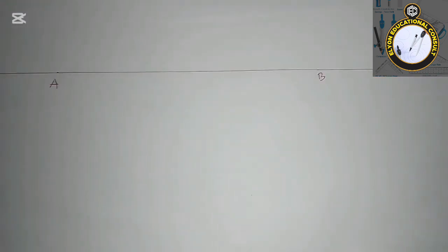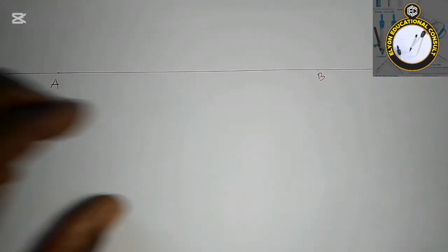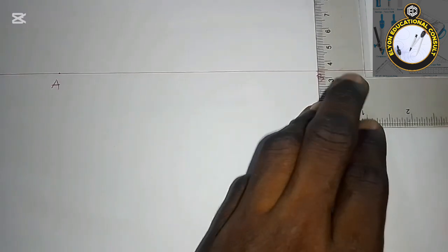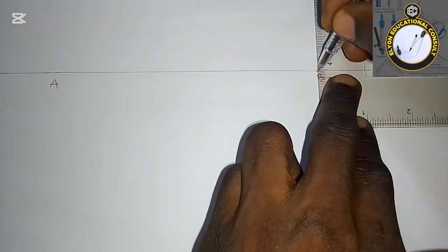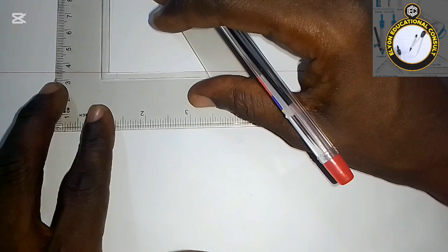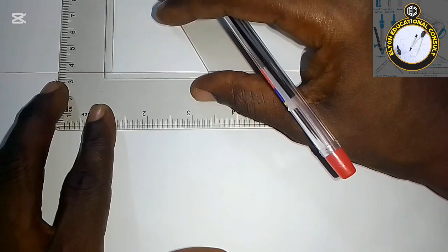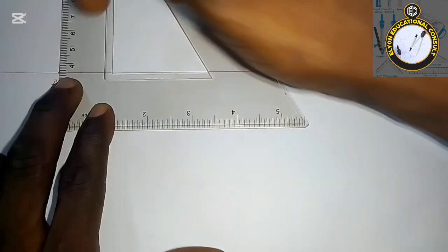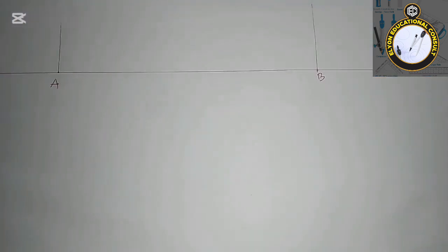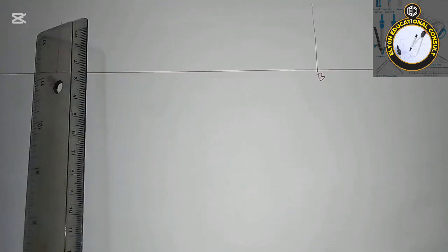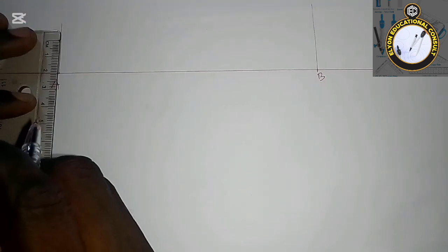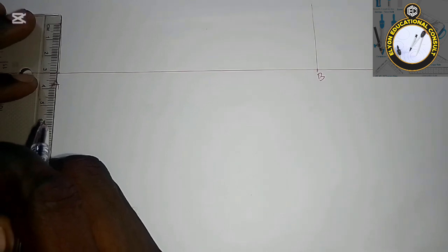Now we are going to give the scale a height. Don't forget, the height of the scale can be of any convenient length of your choice. This time around I'm going to use 3 centimeter. I'll be using 2 all along on drawing of scale, so I will use 3 this time around.